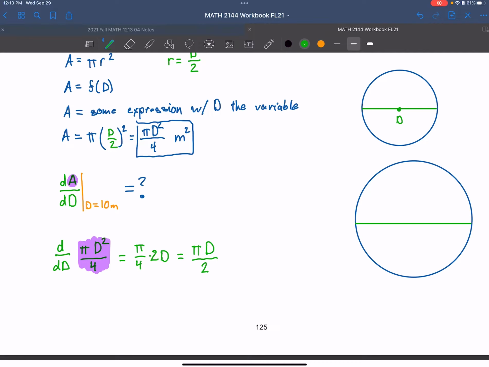To find what we were asked, the derivative of A with respect to D when D is equal to 10 meters, it's just pi times 10 over 2, which is 5 pi. So that's the computation.